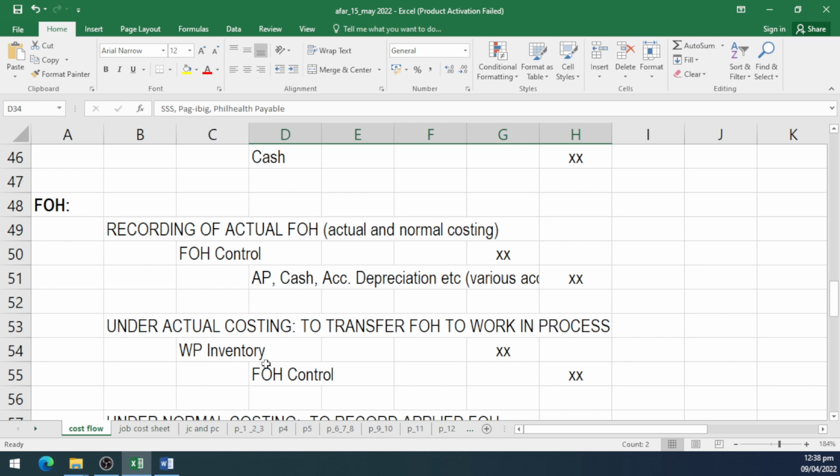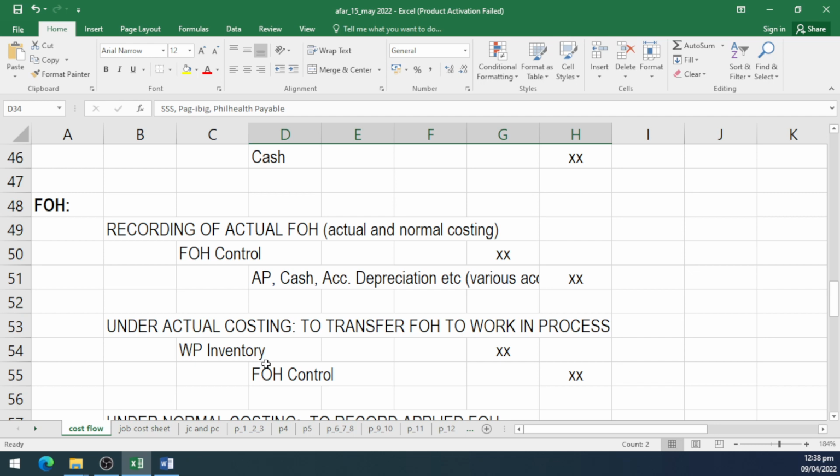Hindi nga natin alam kung tamang naging classification kasi mag-classify pa yan, mag-allocate pa pagdating sa computation. Meron pa tayong allocation ng kung magkano sa manufacturing, magkano sa sales, etc. So, we will use the factory overhead control account to record the actual factory overhead.